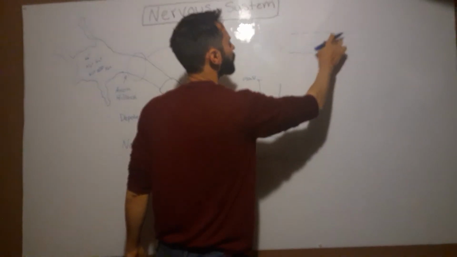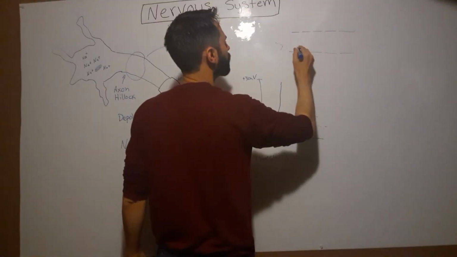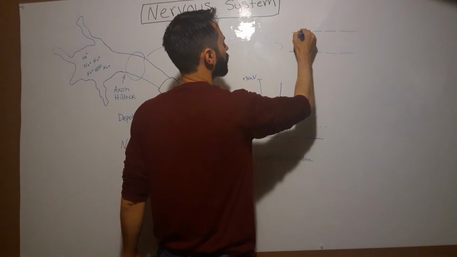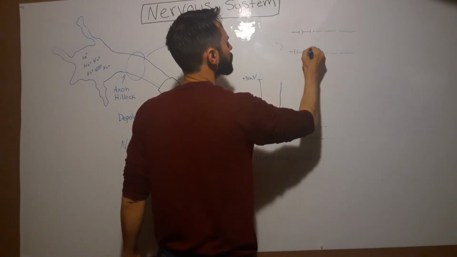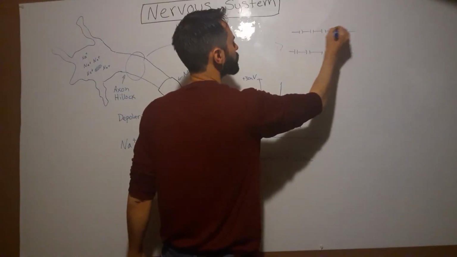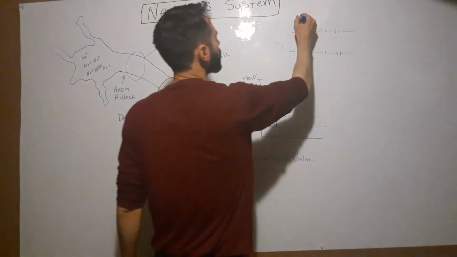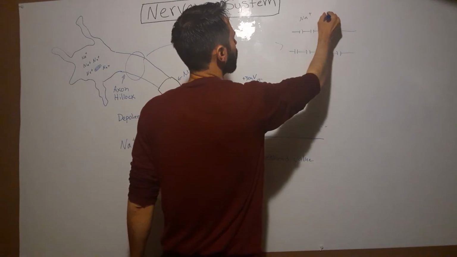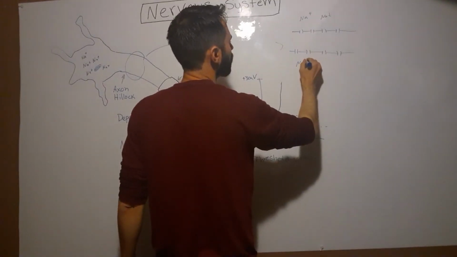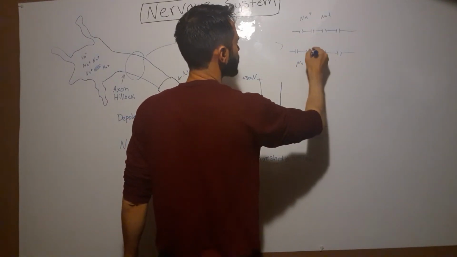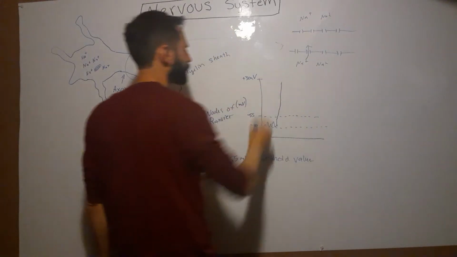All right, I'm gonna do this, boom, boom, boom, boom. All of a sudden, all of these sodium voltage gated channels are gonna open, okay? And what's on the outside, as you know, is sodium. All of a sudden, this stuff is going to rush into the cell, okay?